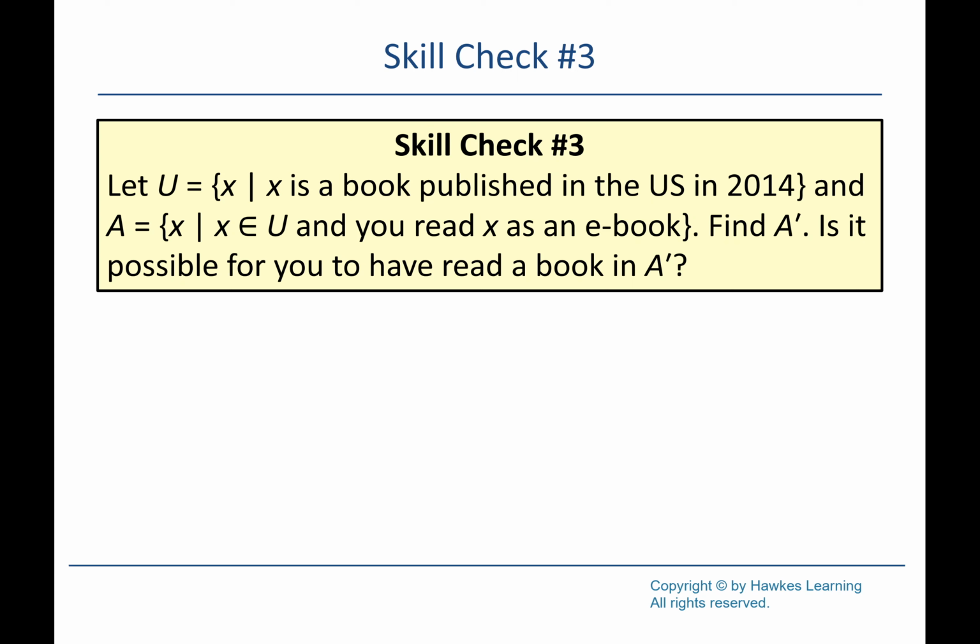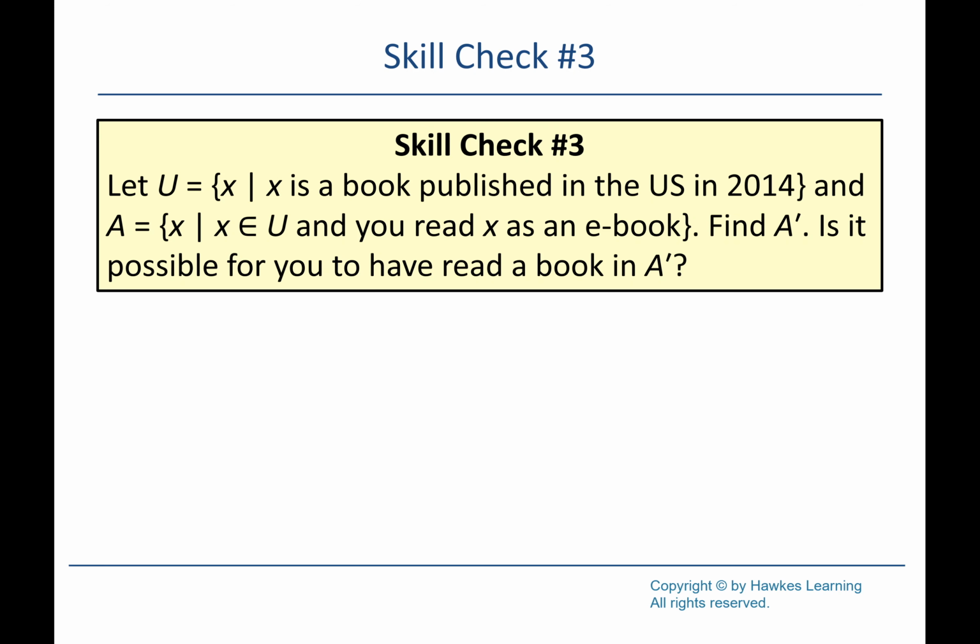So the set of all books published in the US in 2014. And our set A says it's the set of x's such that x is a member of you. So that's a short way of saying x is a book published in the US in 2014 and you read x as an ebook.